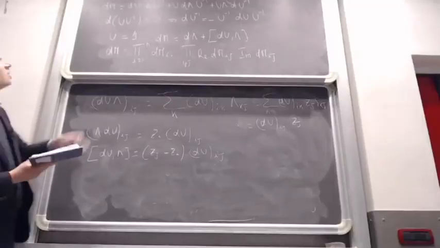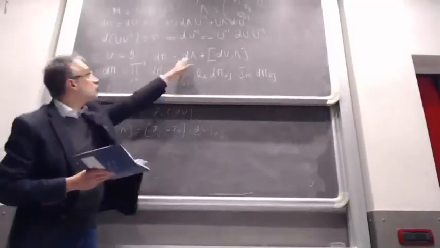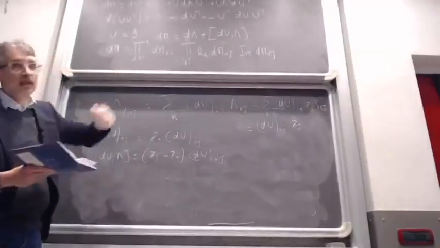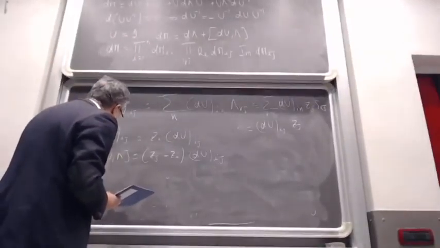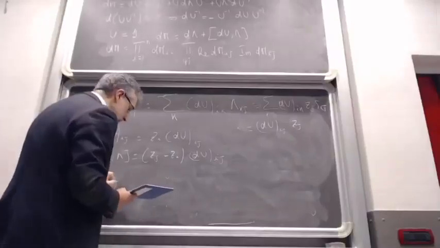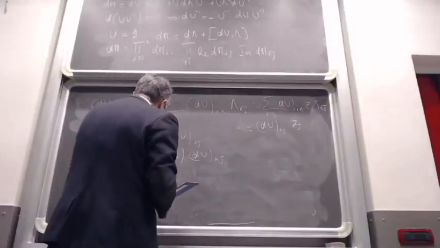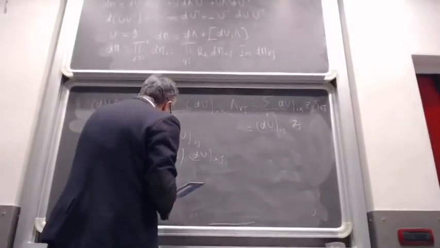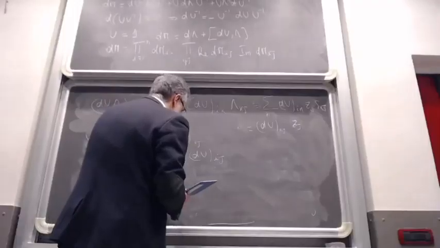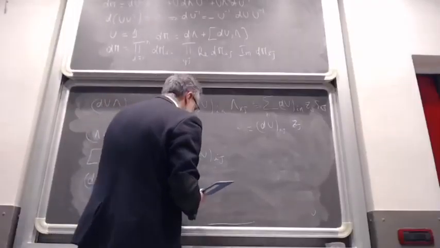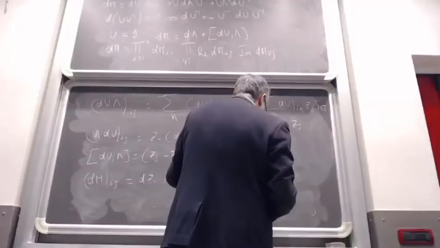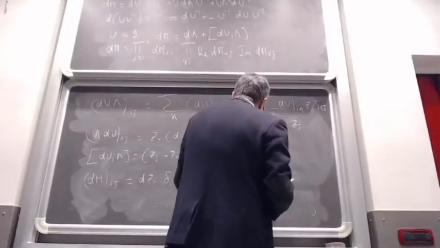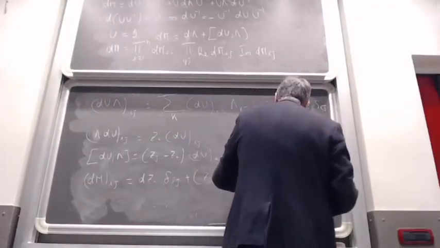The first part is even simpler, being diagonal. So dM_ij is dz_i delta_ij plus the commutator, which is (z_j minus z_i) dU_ij.